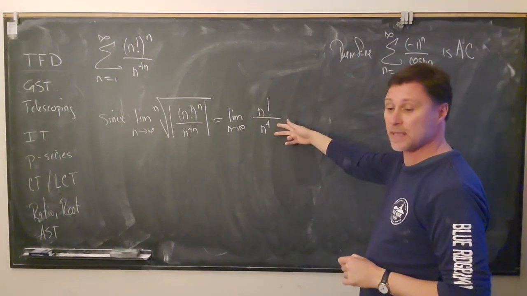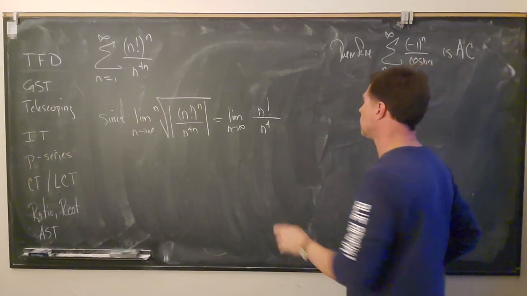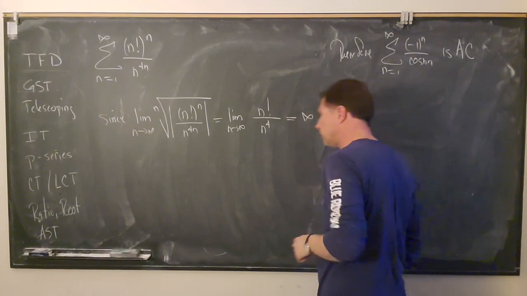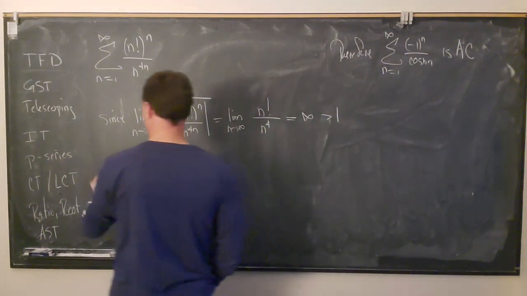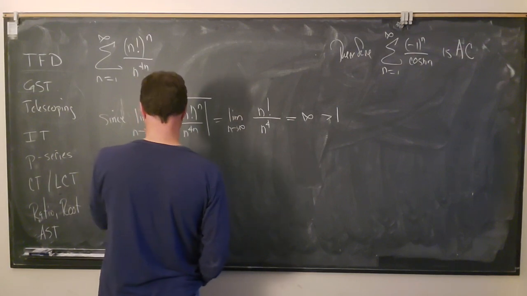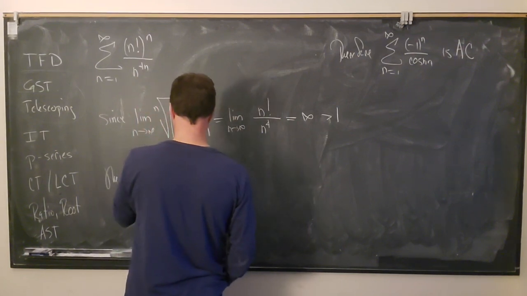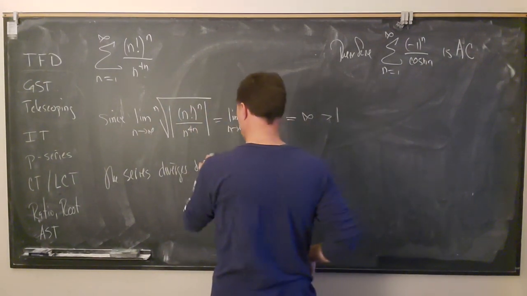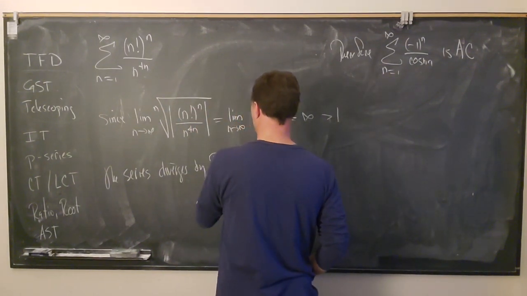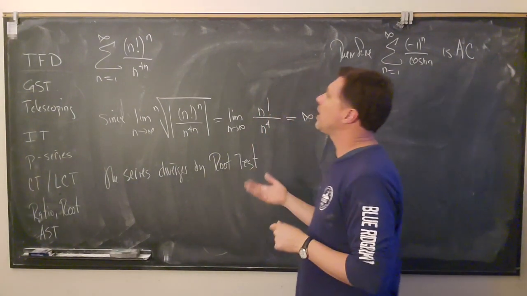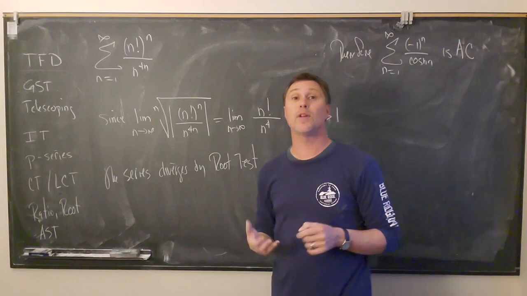Factorial definitely beats n to the 4th. That limit is equal to infinity, which is clearly bigger than 1. The series diverges by the root test.